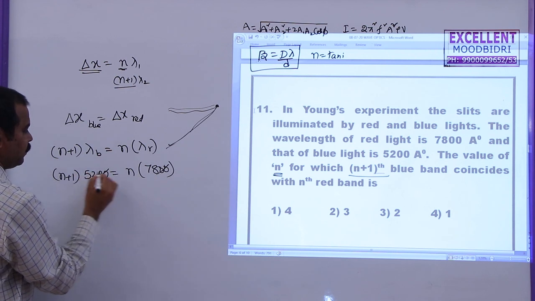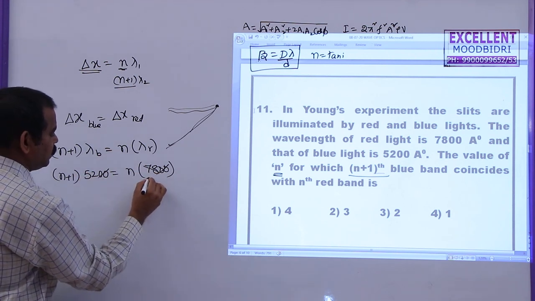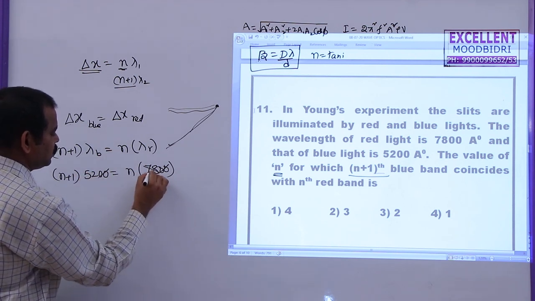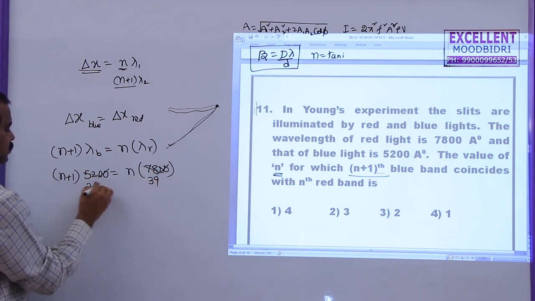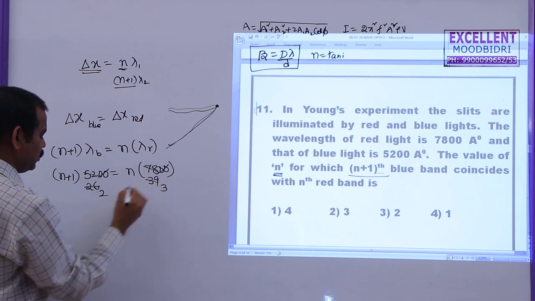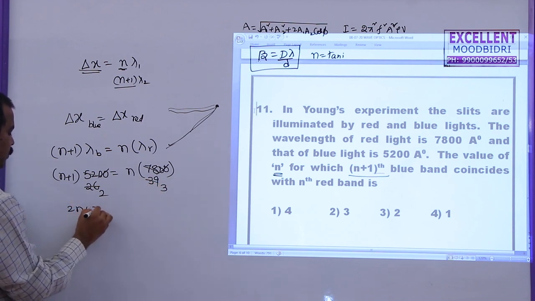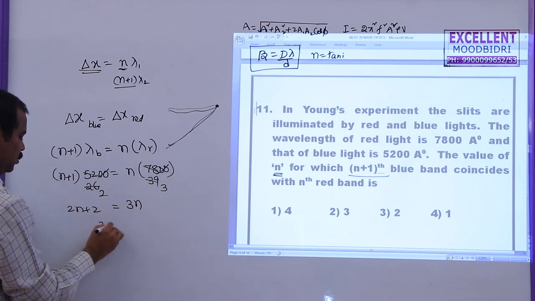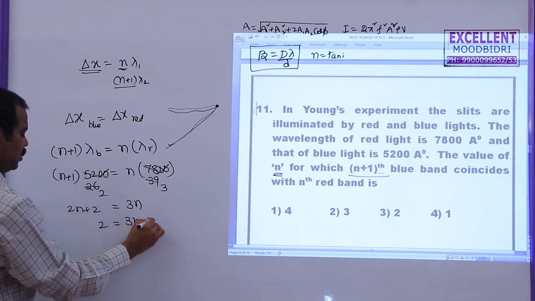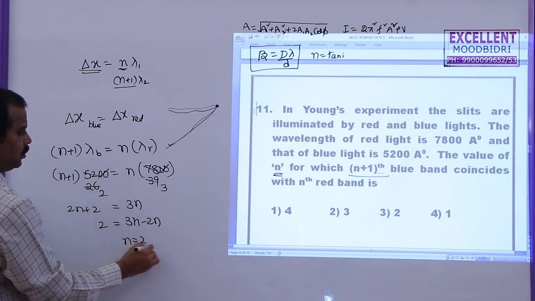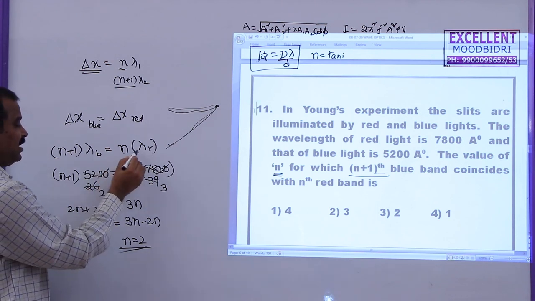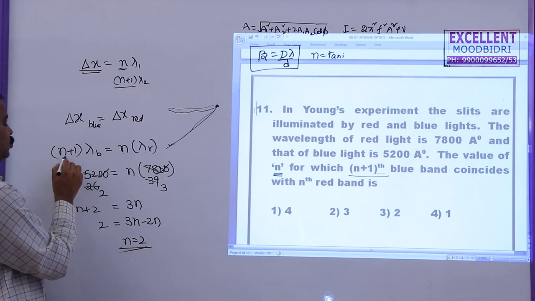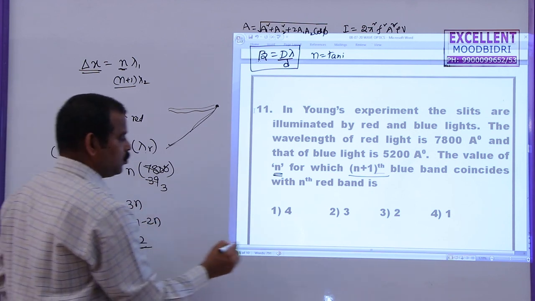So this will be 2 3s are 6, 2 6s are 13, 13 3s are... so 2n plus 2 is equal to 3n. 2 is equal to 3n minus 2n. n is equal to 2. So n is equal to 2 means the second red fringe coincides with the third blue fringe. So the option here is n equal to 2.